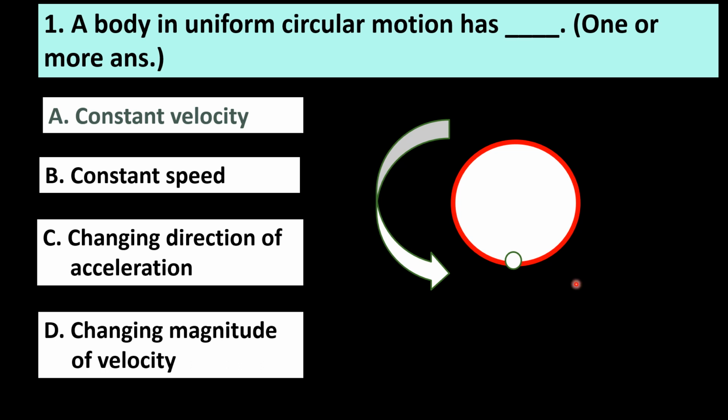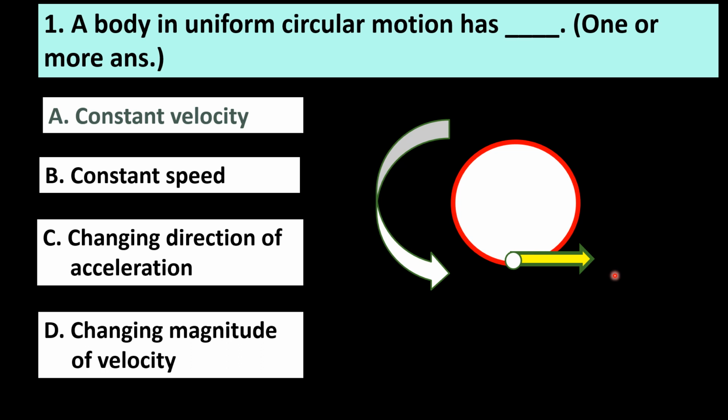At that point, the direction of its linear velocity can be represented by a vector arrow pointing to the right.